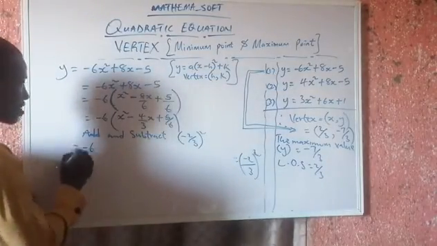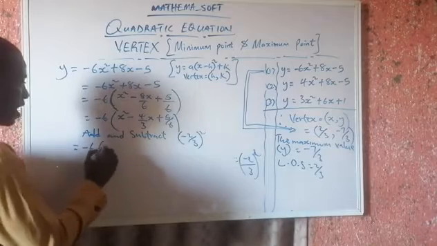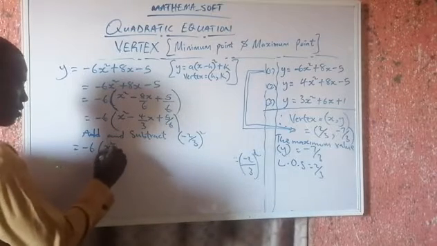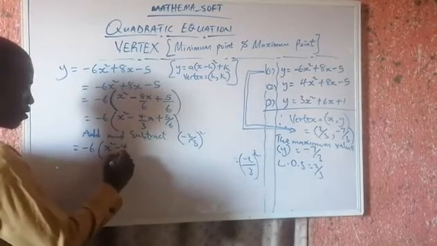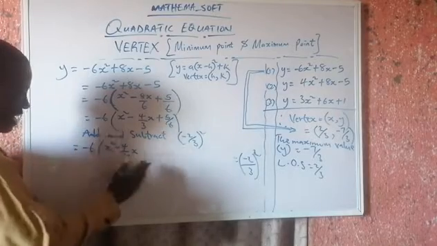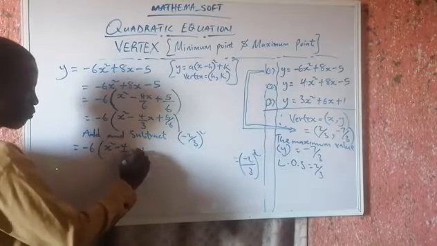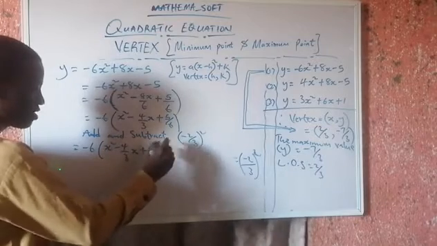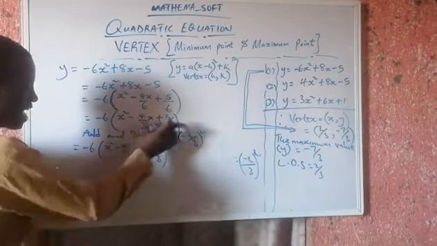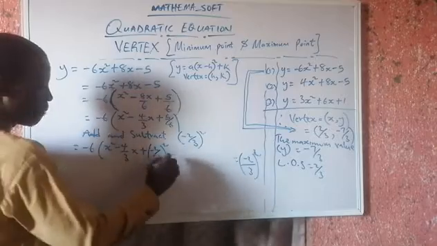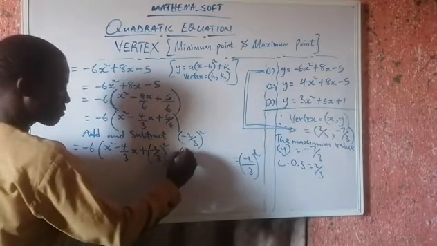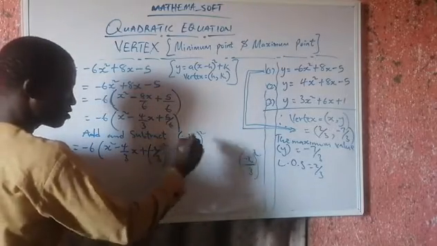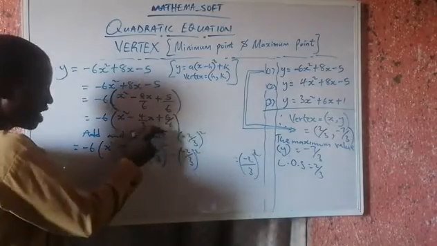That will be minus 6 bracket x squared minus 4 over 3x. Then I will add plus minus 2 over 3 squared. I've added it now. And then I will subtract it again, minus bracket minus 2 over 3 squared. What do we have left here?